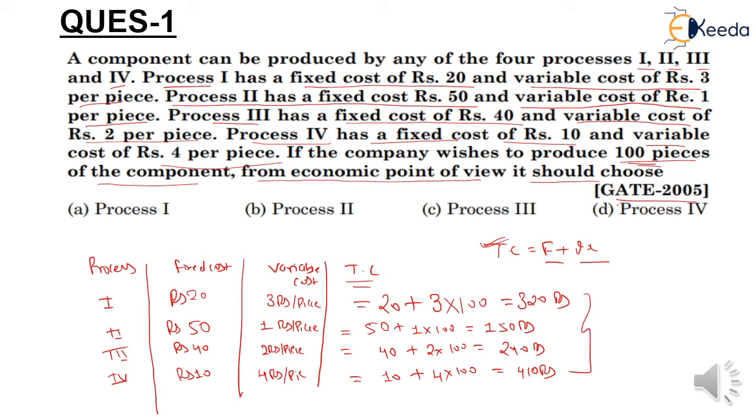Compare the total costs of all four processes. Which one is minimum? 150 rupees is the minimum. So hence process 2 is the best from the economic point of view. The company selects process 2 to produce 100 components because process 2 has the minimum total cost. So the answer is that process 2 is the right answer.